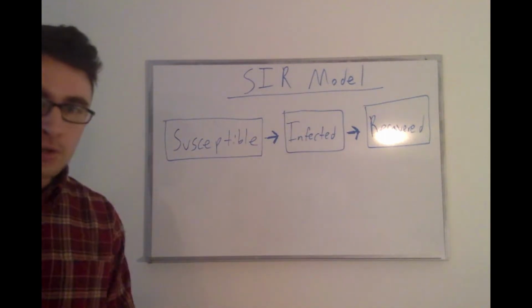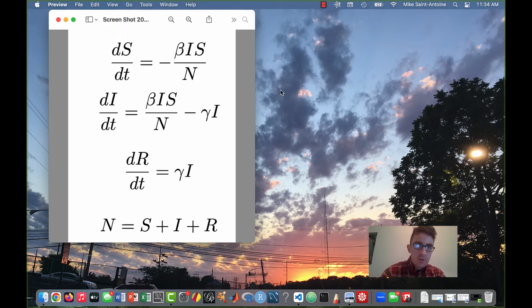Okay, so that's a basic introduction. Now let's take a look at some of the math. This is the deterministic version of the model here. We have three ODEs, one for each one of our compartments that we're keeping track of. There's the susceptible compartment here, infected, and then recovered. And we also have this variable N, which is just keeping track of the total population level.